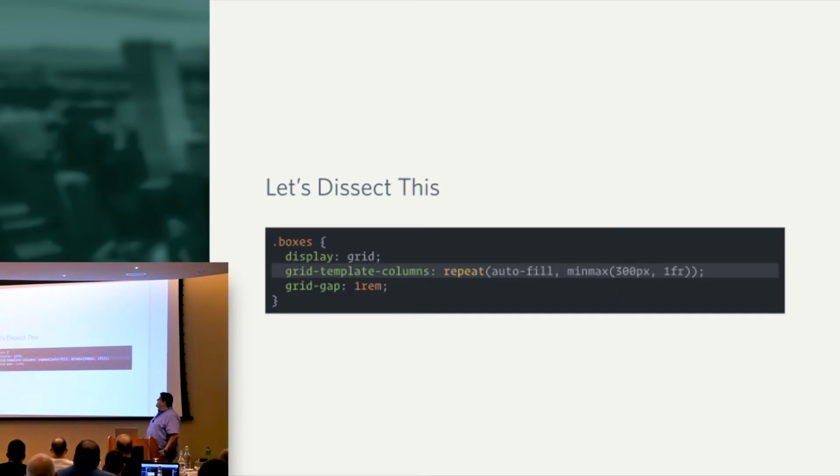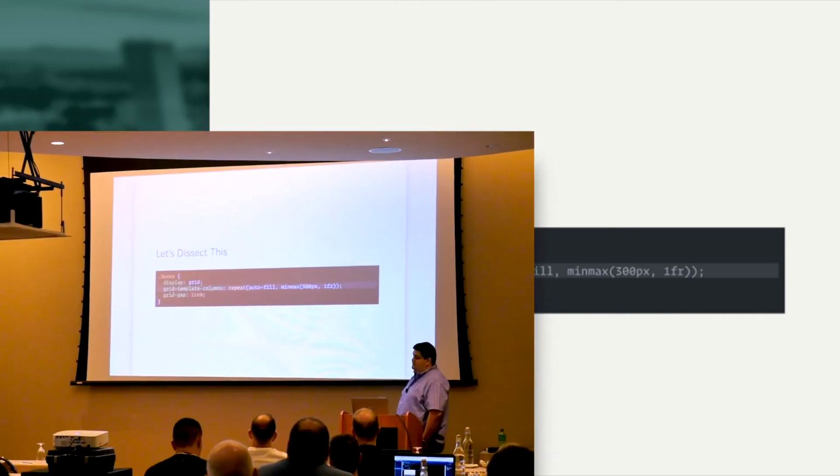All right, so let's dissect this line right here, because this is where all the work is being done. So the first keyword that you see is repeat. And the repeat function allows us to tell the browser to repeat on the values we're about to give it. And it receives 2 arguments. It receives an argument of how many you want it to repeat and what the size of each of those things is to repeat.